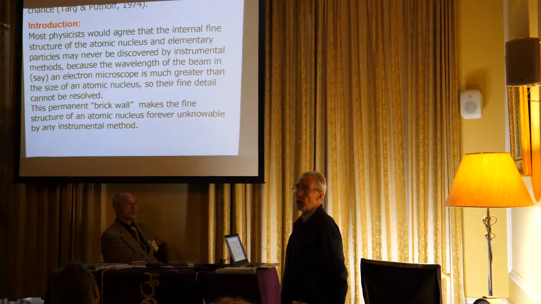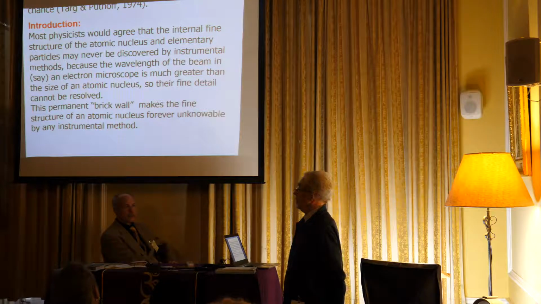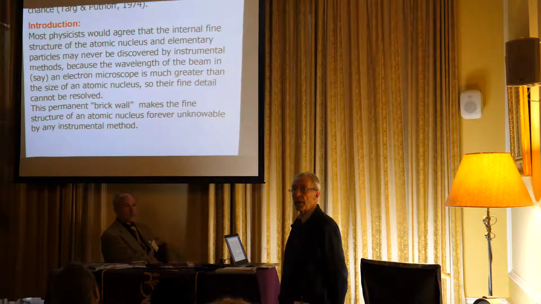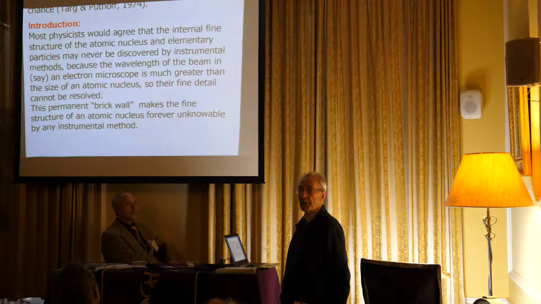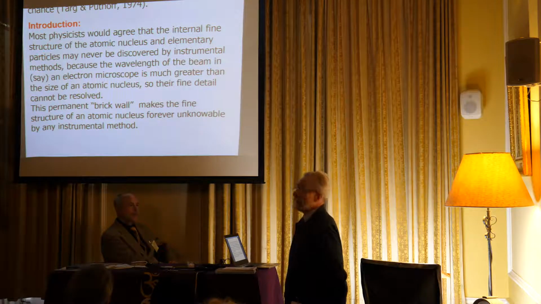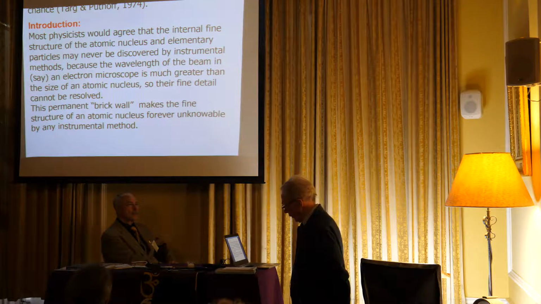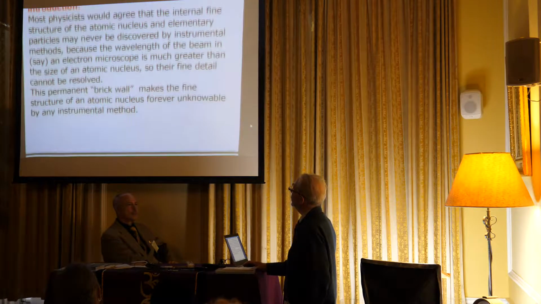It's a permanent brick wall which blocks progress, and you'll find that physicists are saying just that: we can never see the inside of a nucleus. It's far too small. And even less can we see the inside of an elementary particle. So it's forever unknowable by any instrumental method. But there is a method of remote viewing which was used by Besant and Leadbeater, which I'll take you through now.